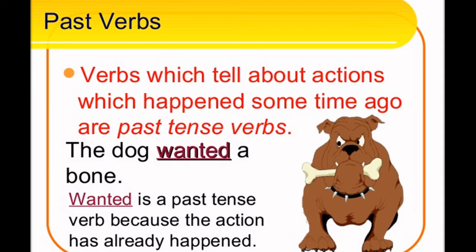Like the dog wanted a bone. Wanted here is a past tense verb because the action has already happened. It is not happening right now. And it is also not something that will happen in the future. Okay, it just happened. It has already happened. So it will be in your past tense verb.